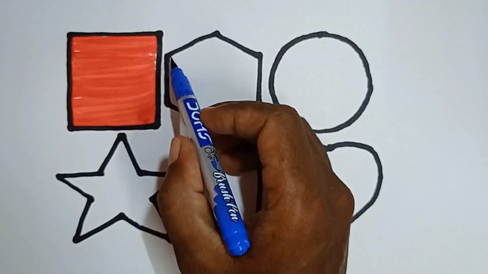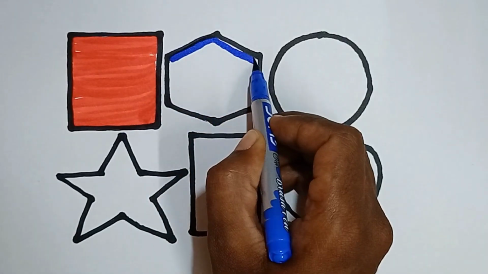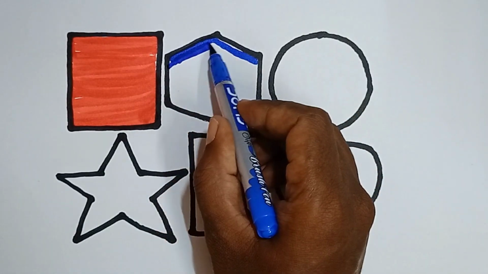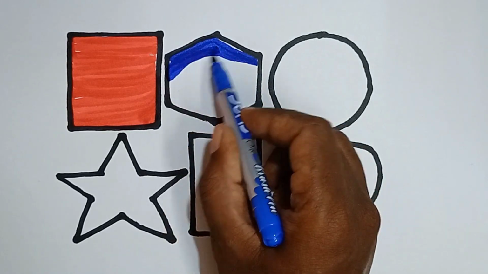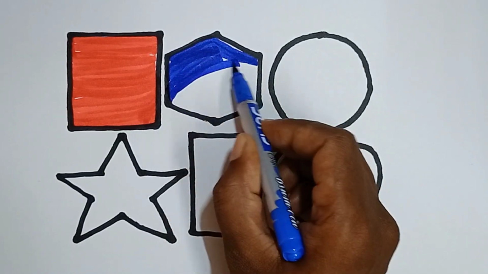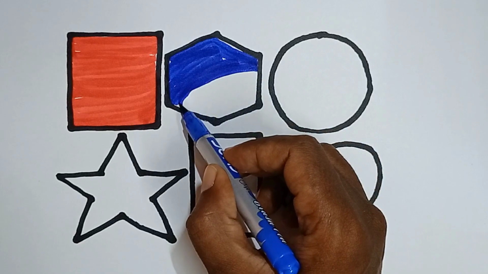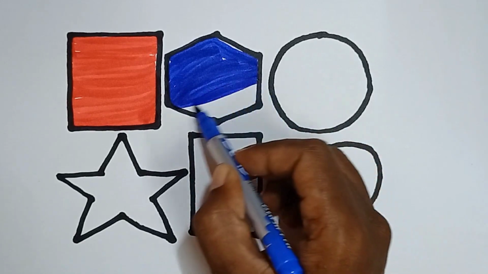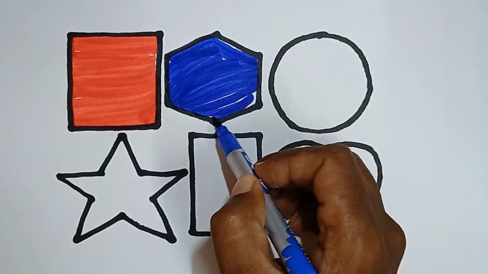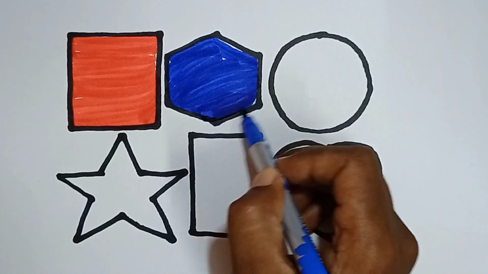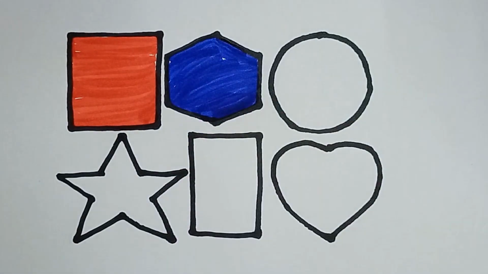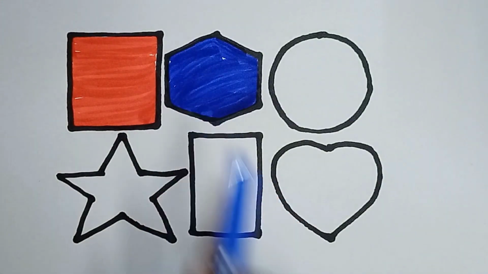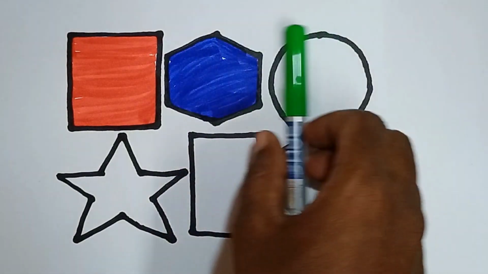I am coloring hexagon. This is hexagon. This is hexagon.